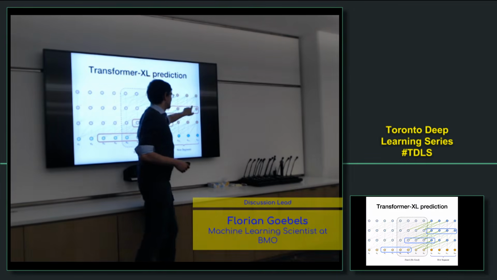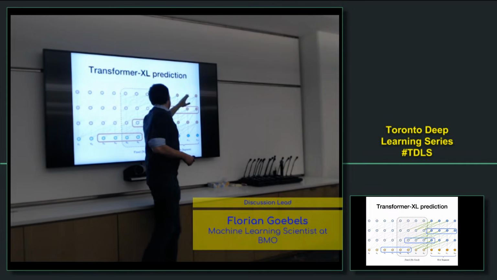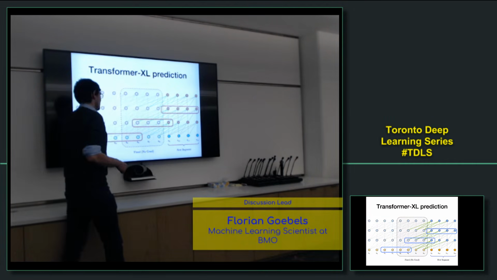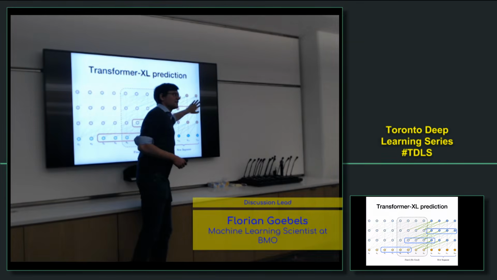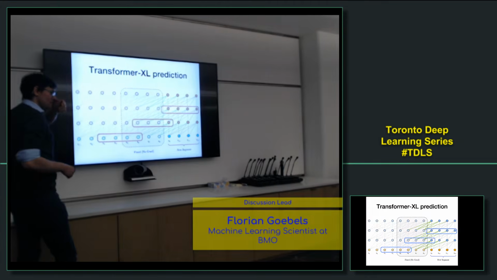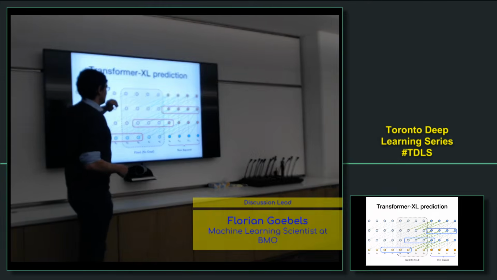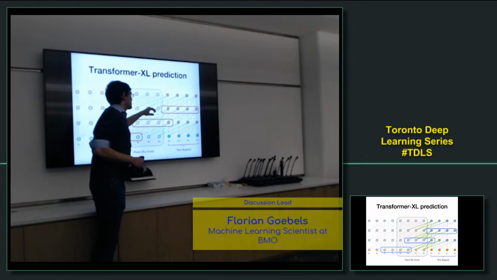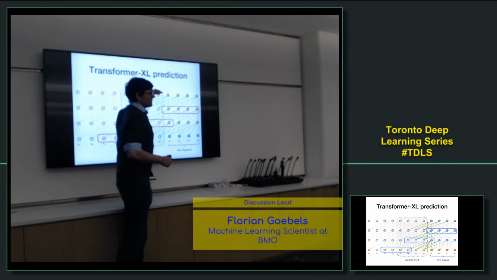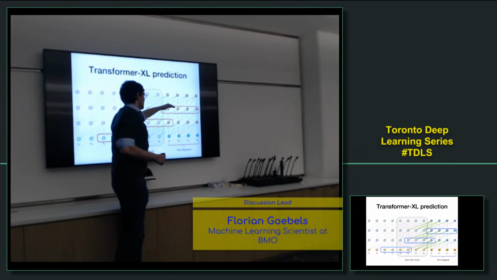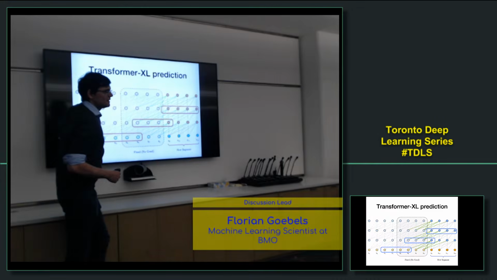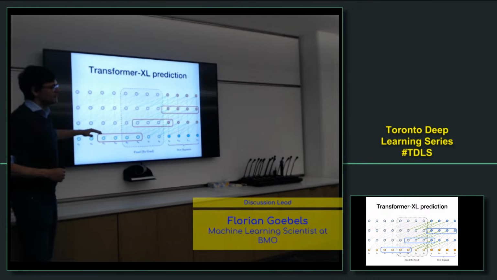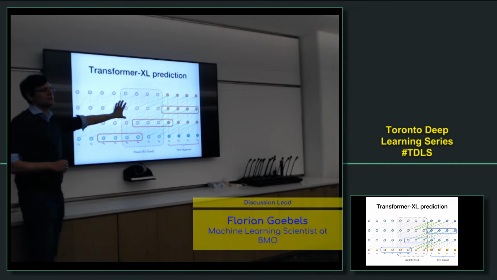So if you want to predict this data point, you go through here, and you have from x3 to x12 the data to do the prediction. This is why it's always shifted. This goes here, and this makes sure that for each segment, the dependencies shift by one. And this is very important because of this, your memory and your runtime grow linearly with respect to the amount of memory you use.